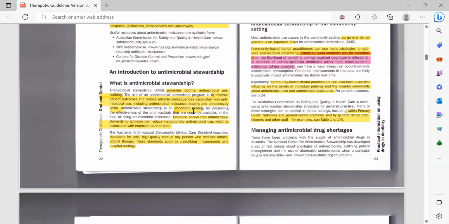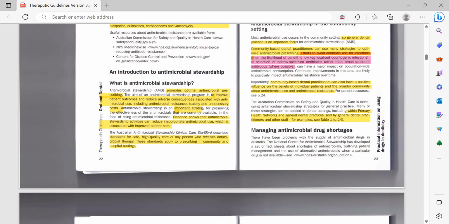Antimicrobial stewardship is an important strategy for preserving the effectiveness of the antibiotics that are currently available in the face of rising antimicrobial resistance. Evidence shows that antimicrobial stewardship activities can reduce inappropriate antimicrobial use, which is associated with improved patient care.